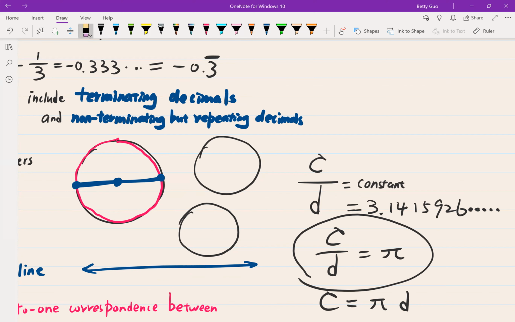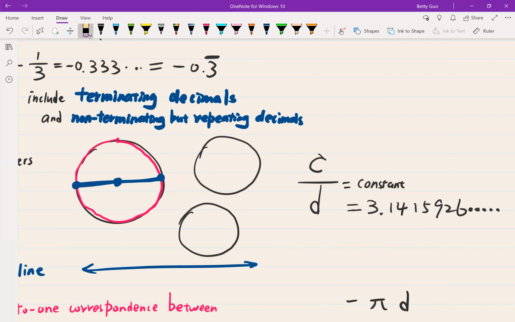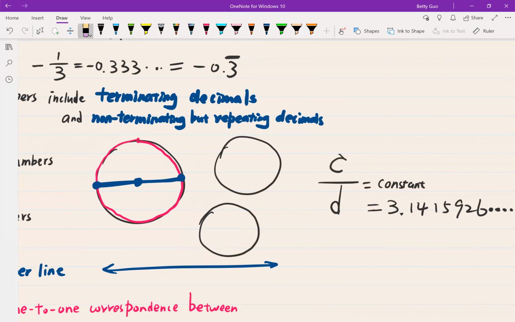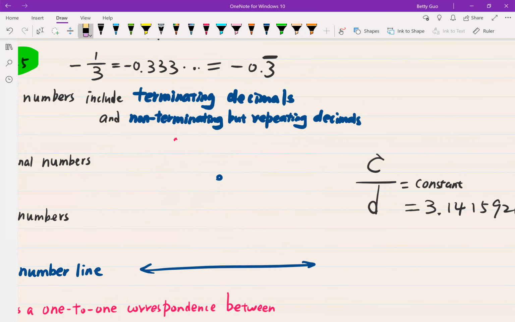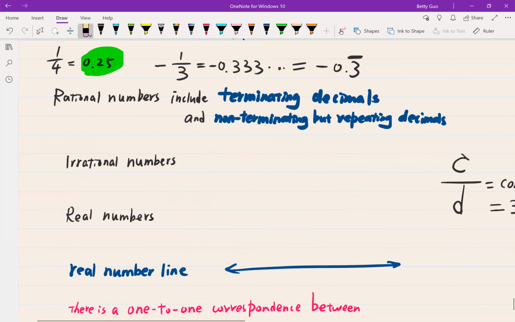Pi is a constant. This constant pi is not rational because it's not a terminating decimal, and it's not a non-terminating repeating decimal either. It is a non-terminating, non-repeating decimal.